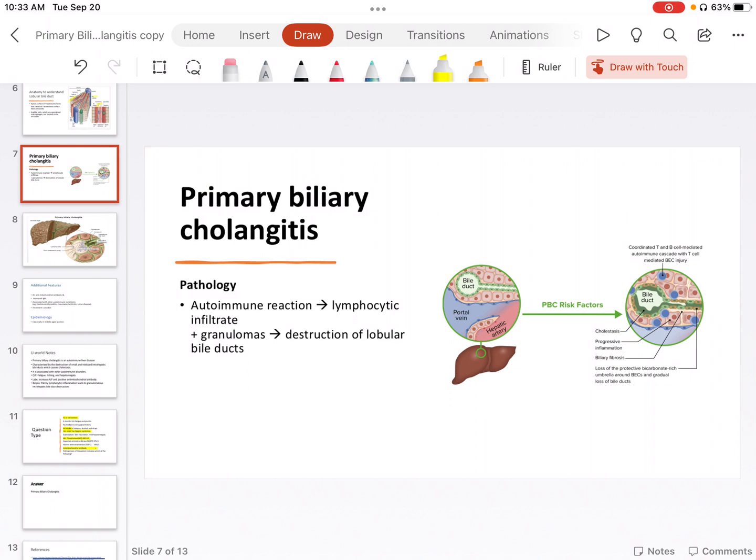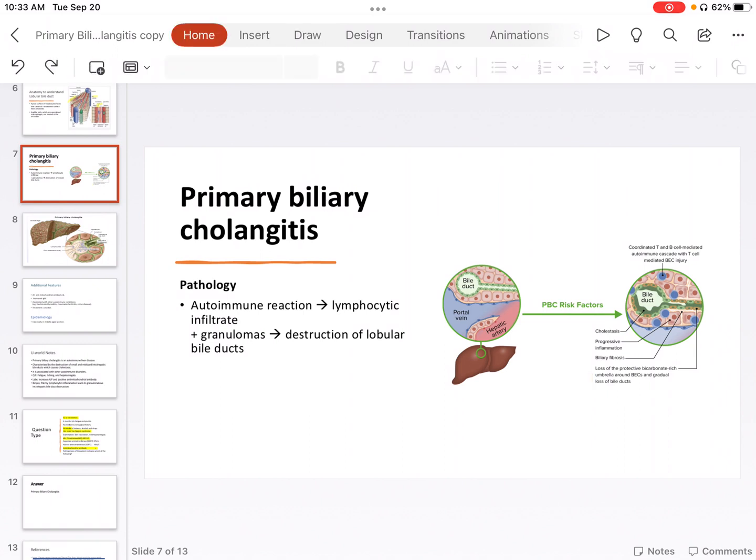Number one, a very important part to notice is that it is an autoimmune reaction. As a result of the autoimmune reaction, there is lymphocytic infiltration and there is granulomatous inflammation, which causes destruction of lobular bile ducts. Okay, I know it's a lot of information. What's going on exactly here is this.